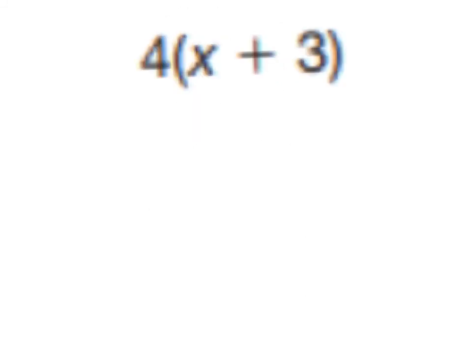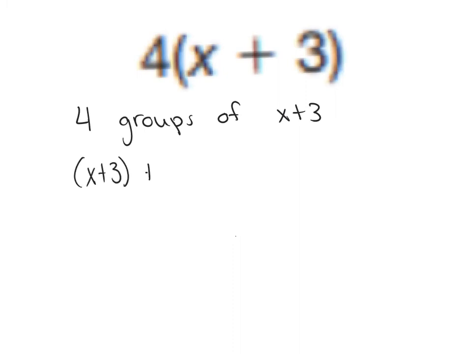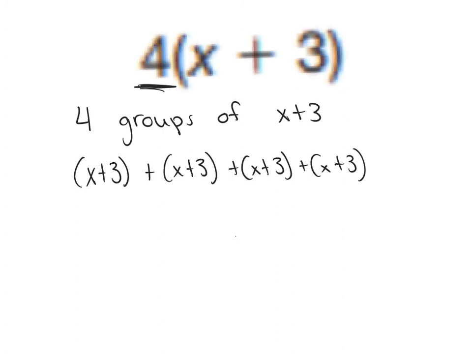Okay, next we have the distributive property. Remember, we talked about that this really means that I have 4 groups of x plus 3. So this would be the same thing as saying I have x plus 3 plus x plus 3 plus x plus 3 plus x plus 3. I have 4 groups of them. That's what this 4 is telling me here.